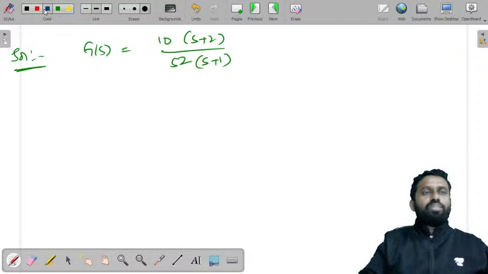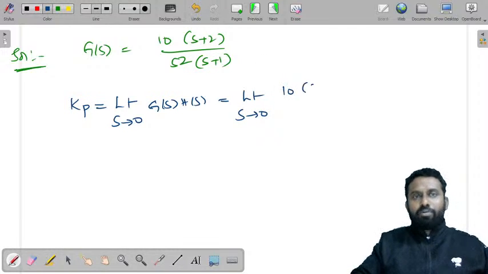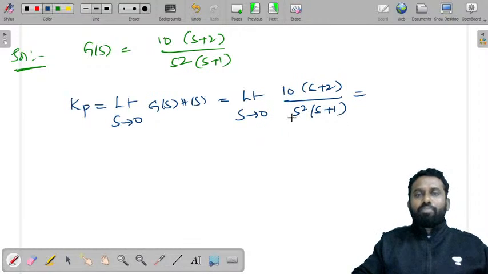First we need to find the position error constant. Kp is equal to limit s tends to 0 g of s into h of s. So limit s tends to 0, 10 into (s plus 2) by s square into (s plus 1). Apply s equal to 0 here. The denominator will be 0, and something by 0 will give you infinity.